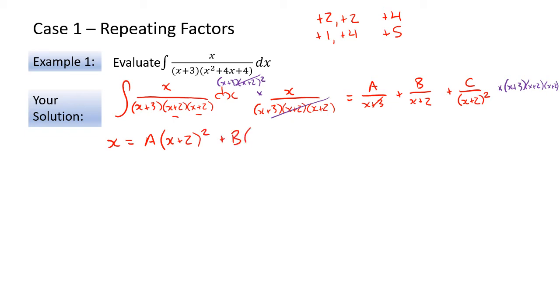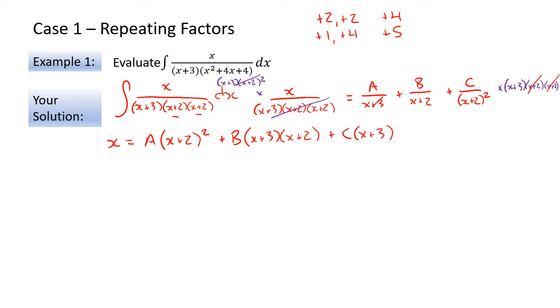plus B times, in this case, one of the x plus 2 cancels. So we have (x plus 3) and (x plus 2). And then the last term, we have plus C, and the only term that doesn't cancel, the x plus 2's both cancel, so we're left with just x plus 3. Okay?